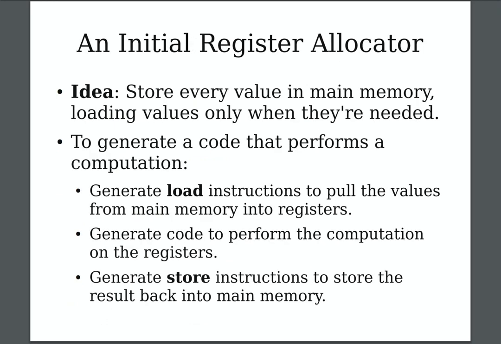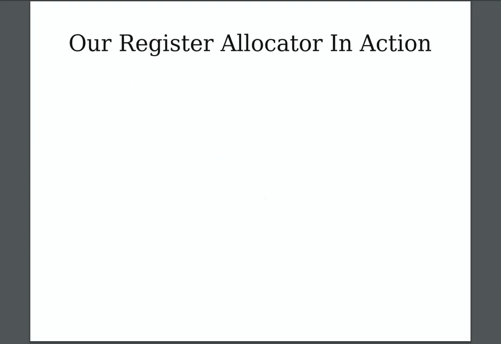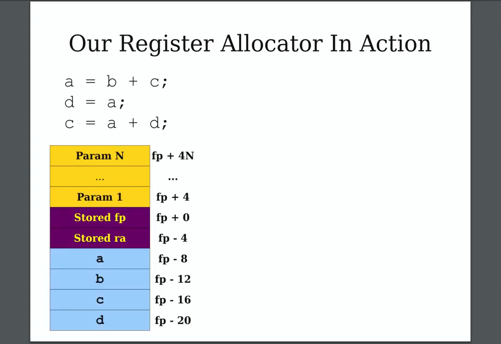So this is just covering the register allocation that I recommended to you, the simplest one, where you just store every value in memory and then always do a store or load whenever you need it. Let's take a look at an example of using this very simple register allocation algorithm. Here's our stack. We've got all of our variables as stack allocated variables.